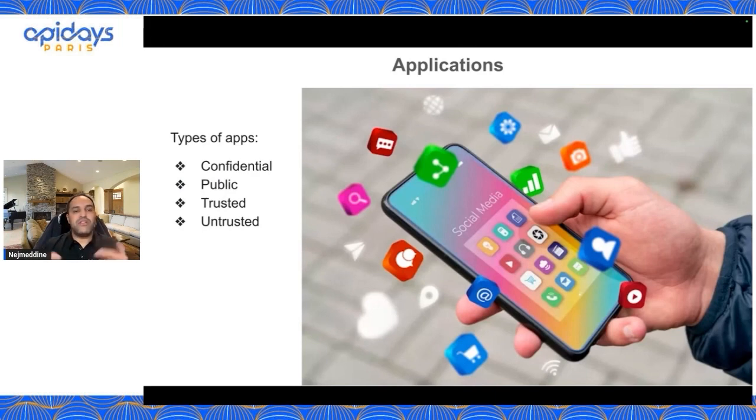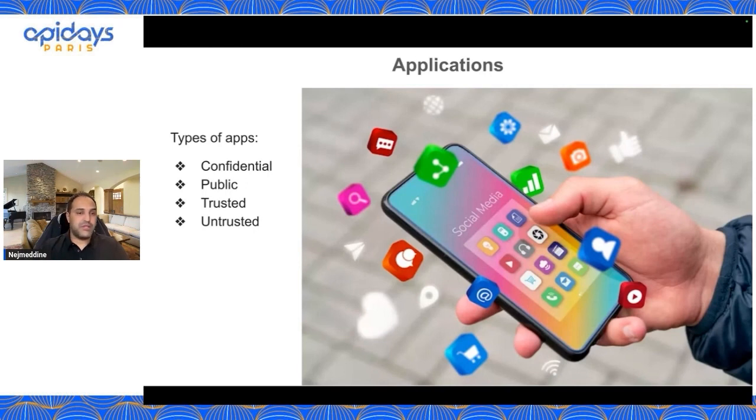Confidential applications are applications that you have developed, for example, inside your company, and you are maintaining them, and you have the team that develops them, and you are sure that the code used for your application cannot be used outside your company.